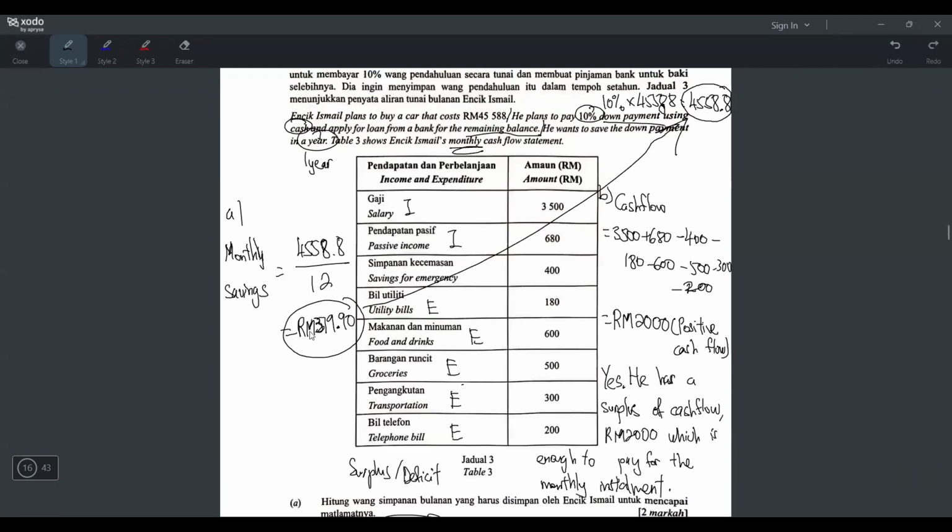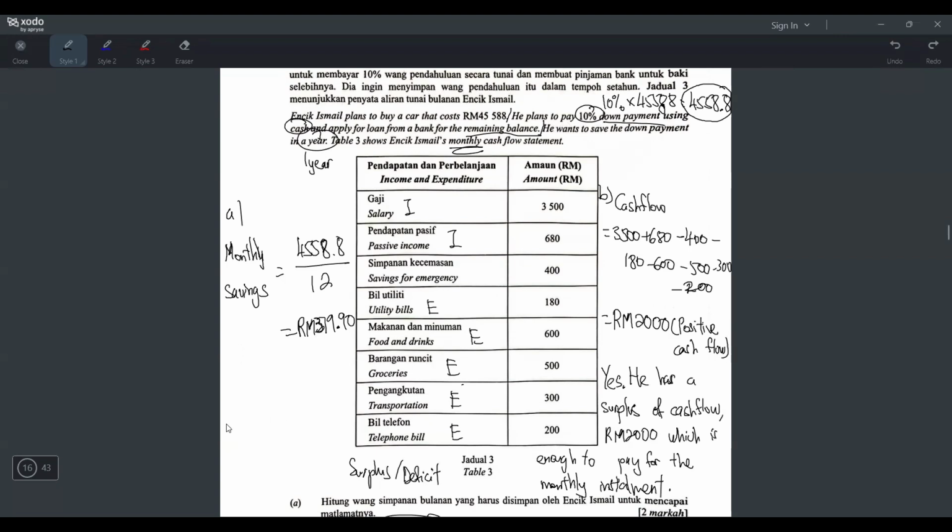So during the first year, when he's saving for the down payment, it's enough because he has extra 2,000 every month, and he only saves 379 ringgit 90 cent. So after 1 year, he can pay for the down payment already. But there's a lot of extra money because his cash flow is 2,000, and he's only saving 379 ringgit 90 cent per month. So dekat situ dah ada extra duit dah yang dia save, betul?